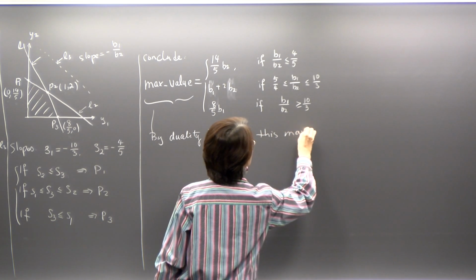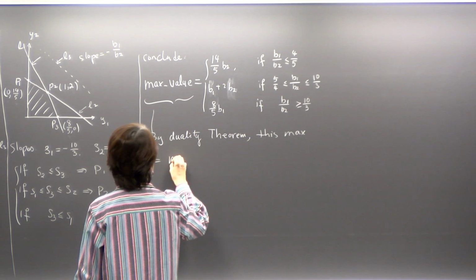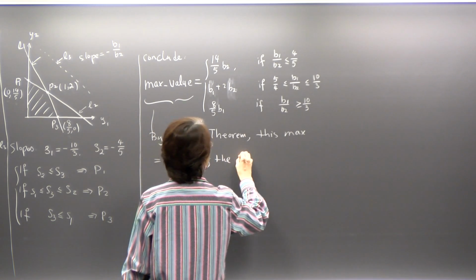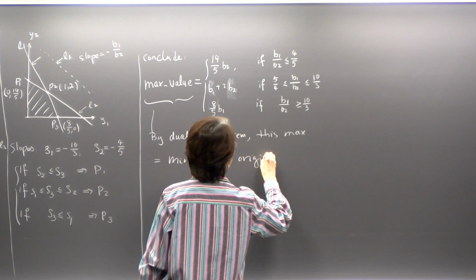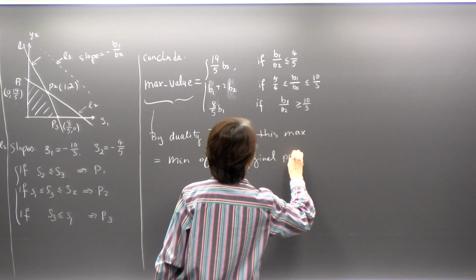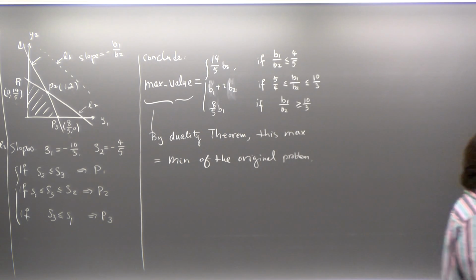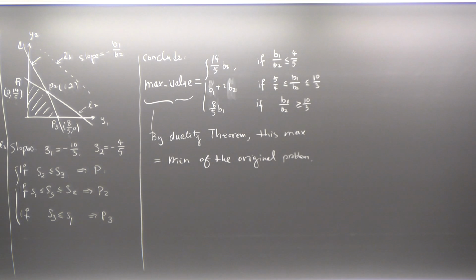This max equals the min of the original problem. Okay, and then you have a complete analysis of this sensitivity with respect to change of those parameters. Is that okay?